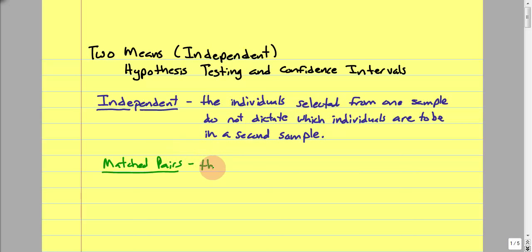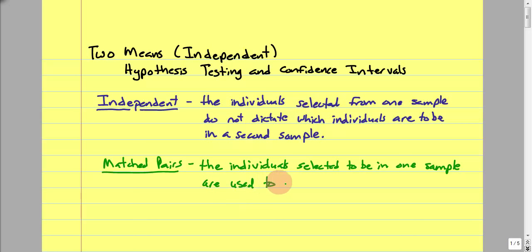So the individuals selected to be in one sample are used to determine the individuals to be in the second sample.